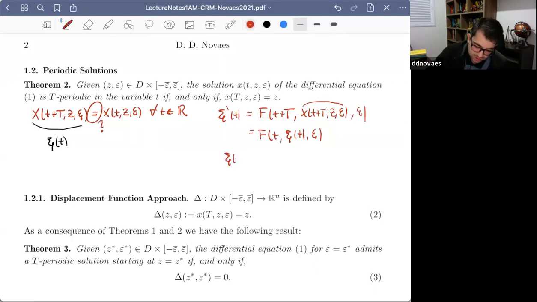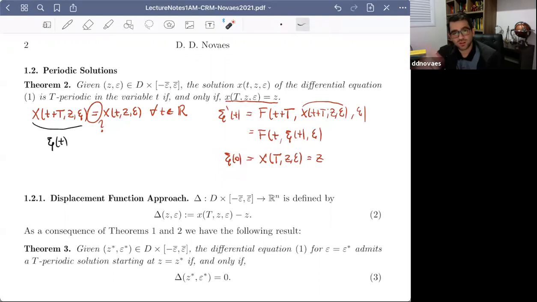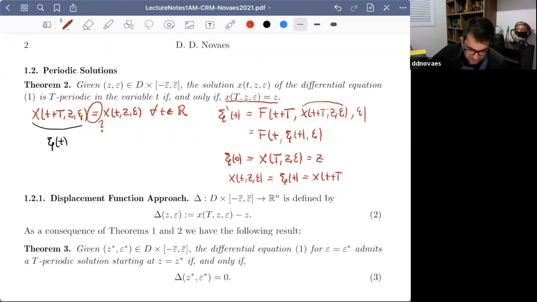C(0) is equal to x(T, z, epsilon), and by hypothesis, it's equal to z. So C and x satisfy the same initial condition. Then by the uniqueness property, we conclude that x(t, z, epsilon) is equal to C(t), which is equal to x(t + T, z, epsilon).